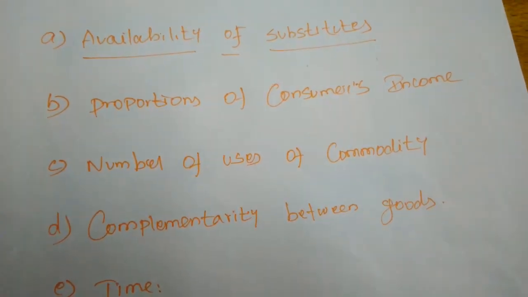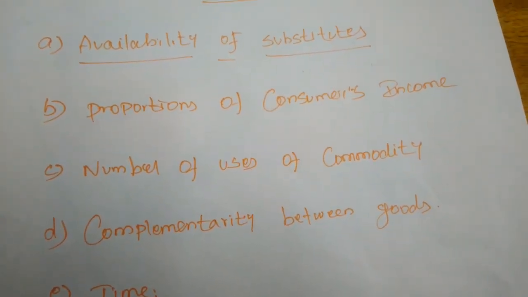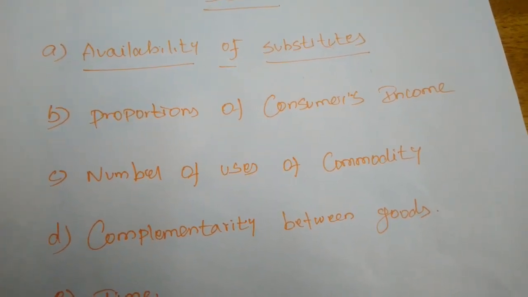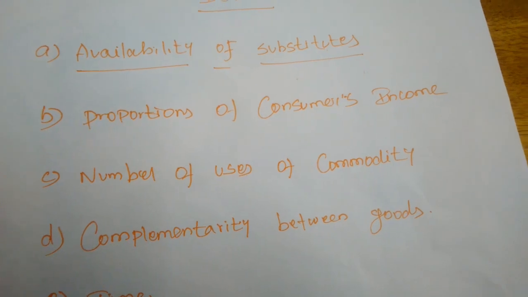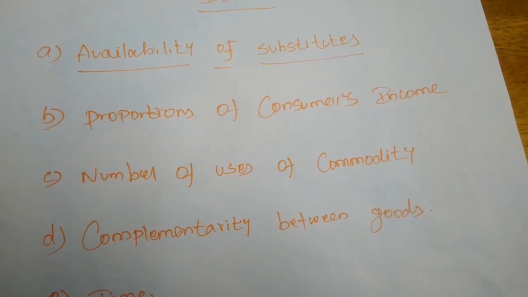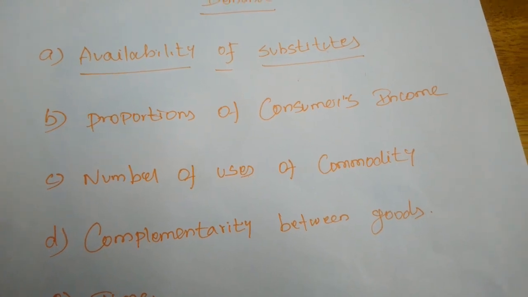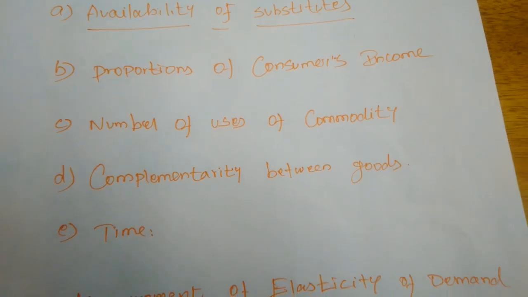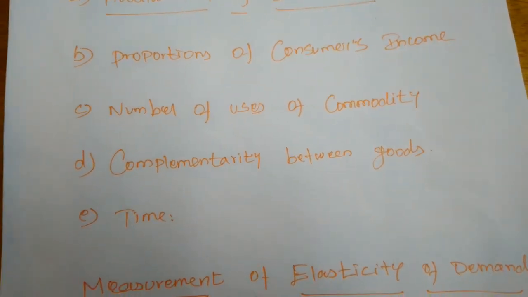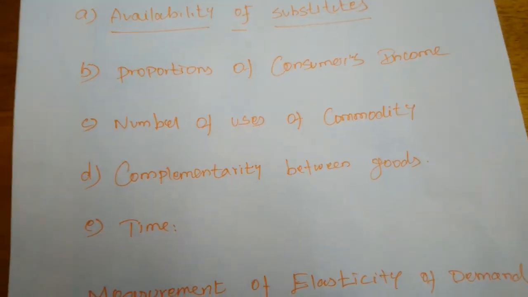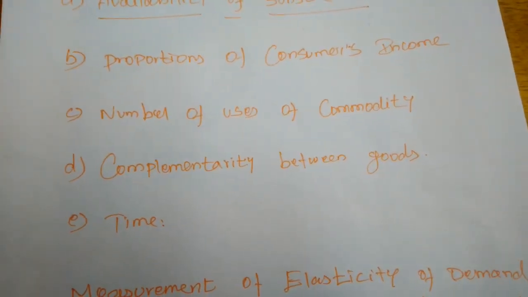Next, the proportion of consumers' income spent on a commodity. If a smaller proportion of consumers' income is spent on a particular commodity, the price elasticity of demand for that commodity will be smaller. We will take the same example. People spend only a small amount of money on purchasing salt.